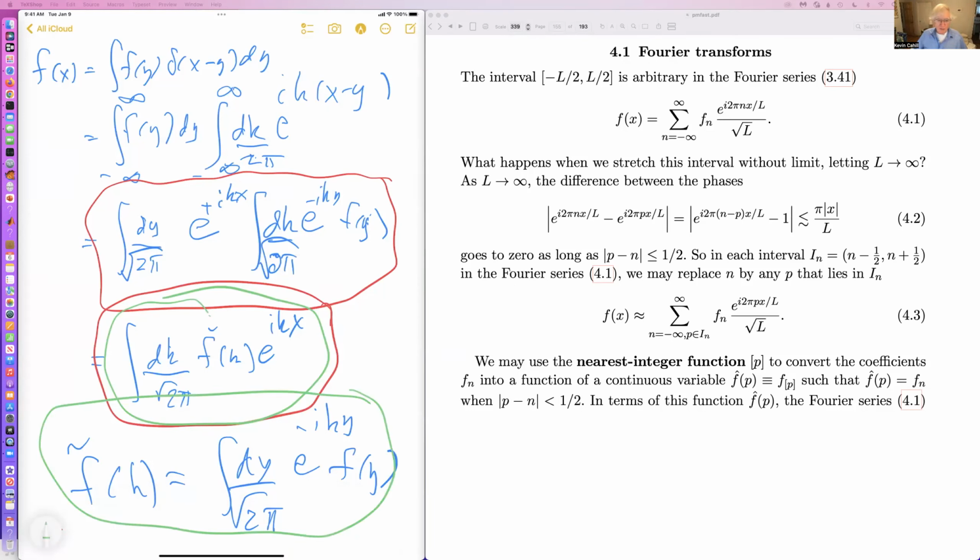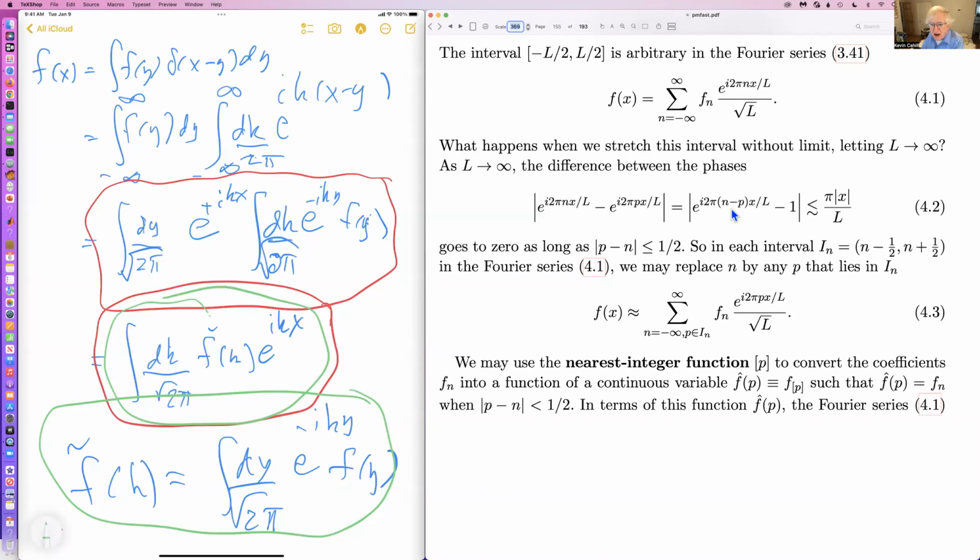The point is that if we have a Fourier series of length L, say from minus L to plus L, then what we notice is that these phases, because of the 1 over L, are essentially the same if we replace n by p, where p is within a half of n.